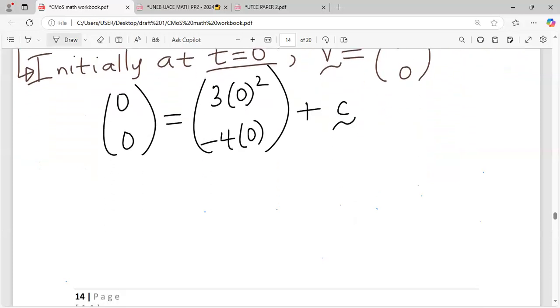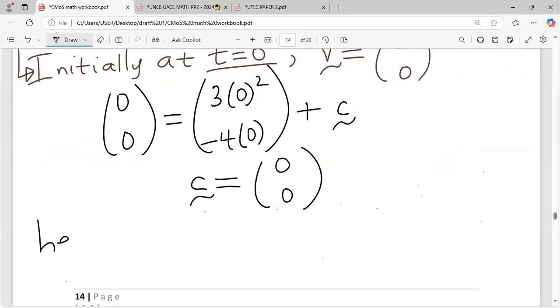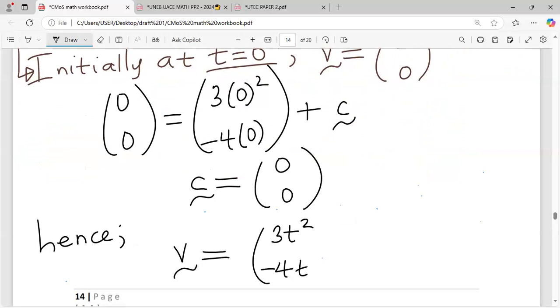So from that, I get my c as 0, 0. After obtaining c as 0, 0, I conclude and say, hence, v now is 3t squared, negative 4t, plus 0, 0. It remains like that. Then I put a unit.